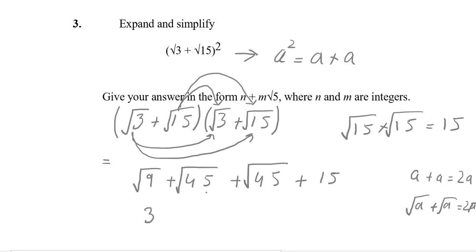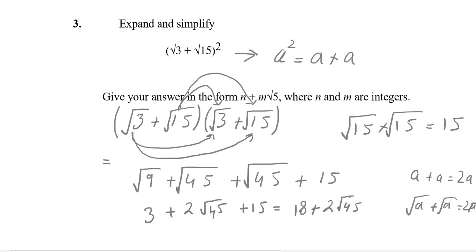So here it's 2 times 45 root, plus 15 plus 3, which I can add together, so this is going to be 18 plus 2 45 root. I can simplify more, because in 45, in my other video, I'm going to show you how you can simplify this.